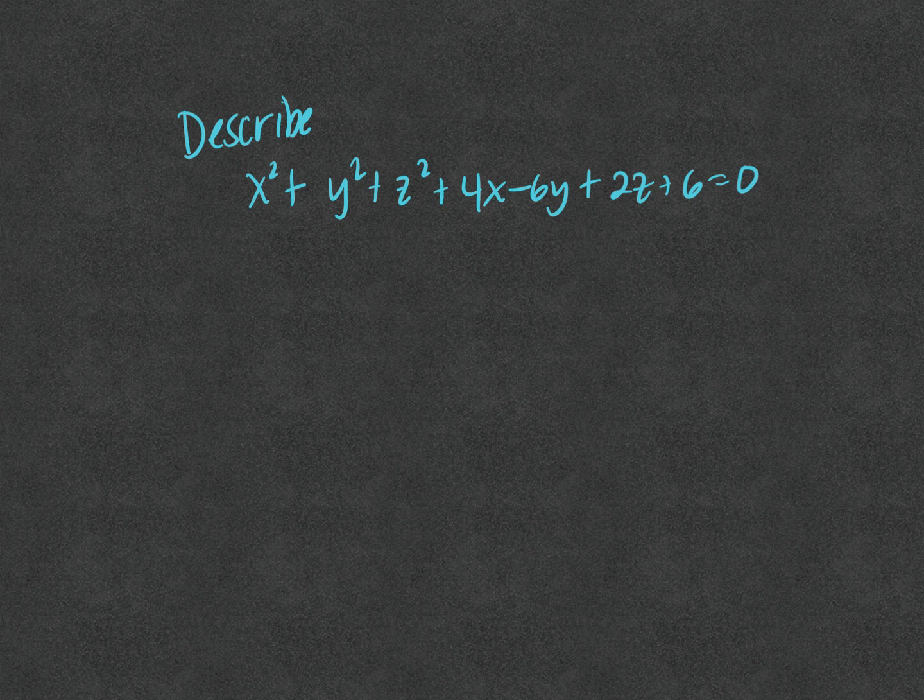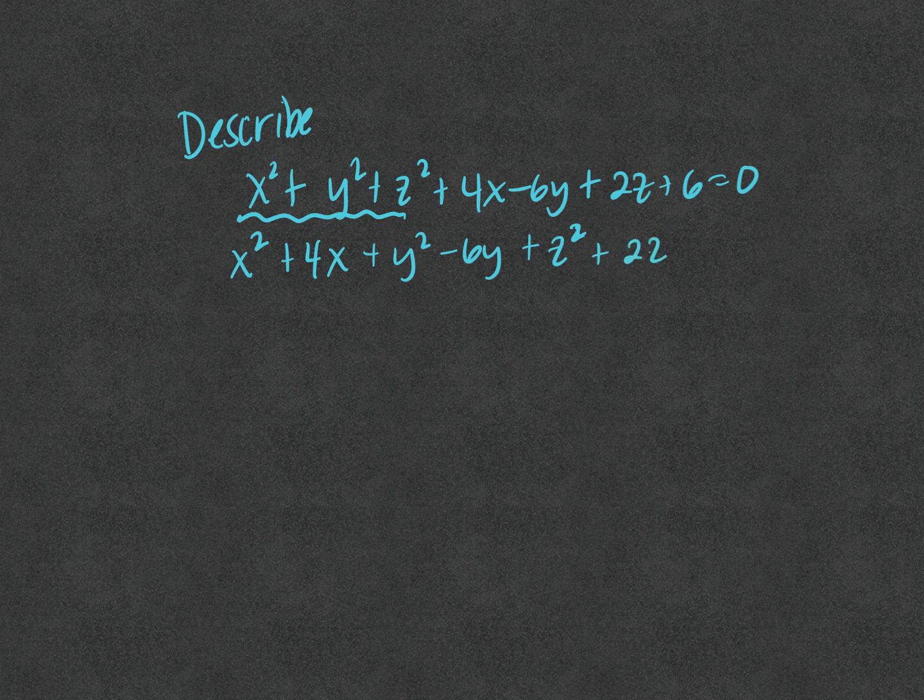So we know it's a sphere. See the x squared plus y squared plus z squared? So we know it's a sphere, but we have to complete the square in order to come up with the center. So we're going to rearrange these to be x squared plus 4x plus y squared minus 6y plus z squared plus 2z equals negative 6.